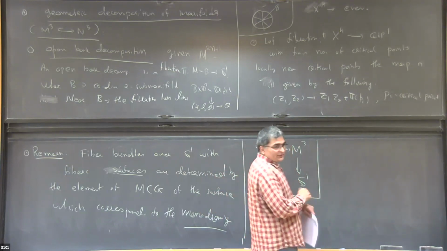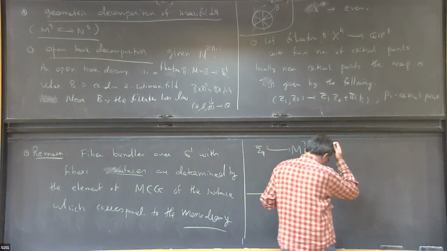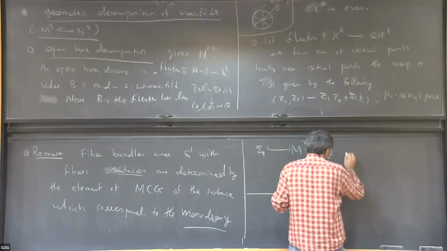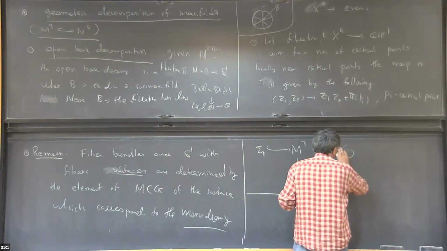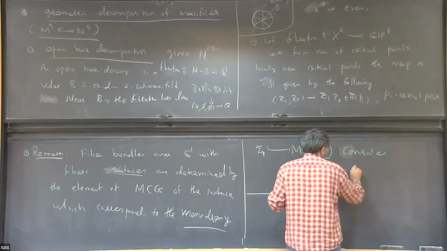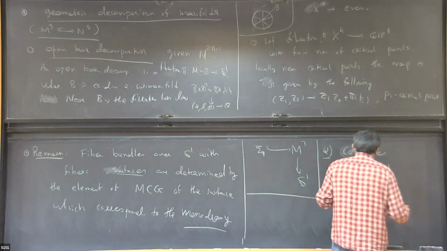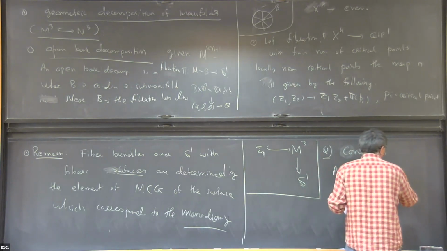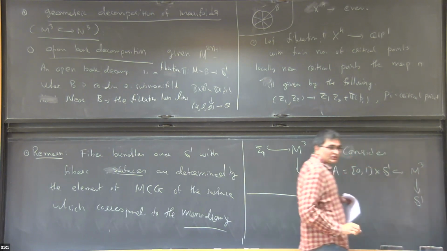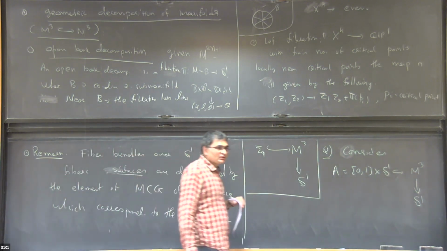And let us ask the simplest question. You take the simplest surface, which is the annulus, and you look at all possible fiber bundles over S1 with this annulus as a fiber.